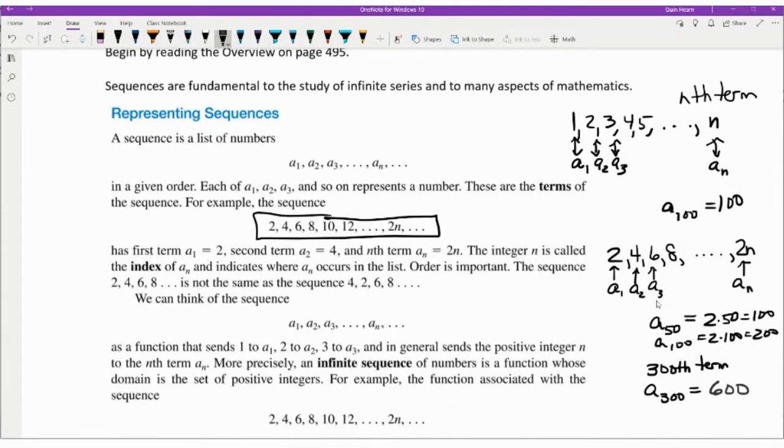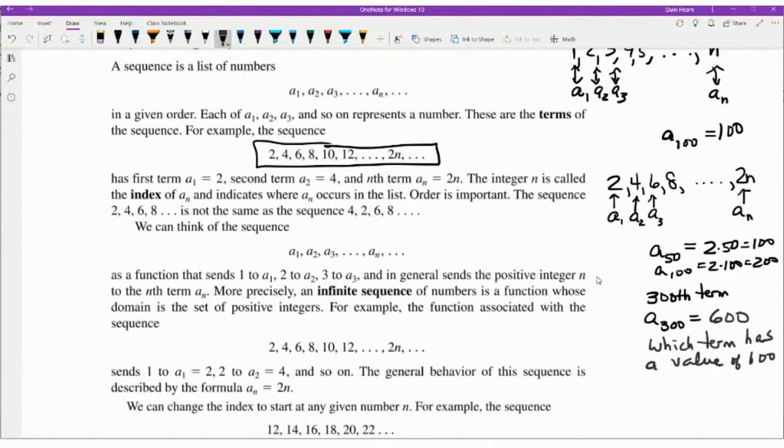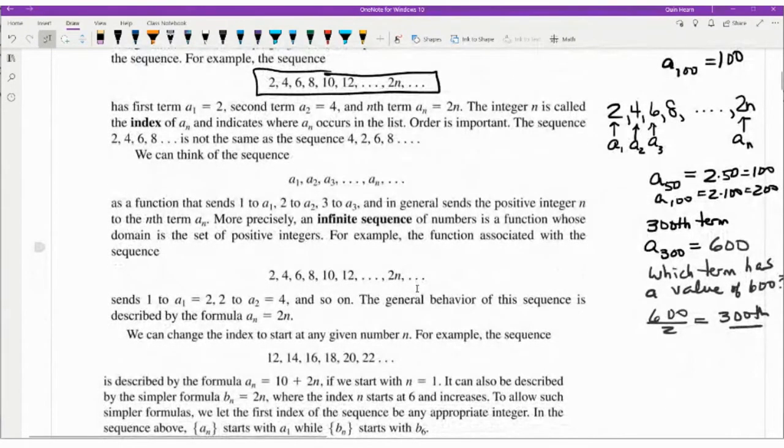And if I asked you which term has a value of 600, you would say 600 divided by 2, which is the 300th term. So whether you're given the value of the term or the position of the term, you can get the other.